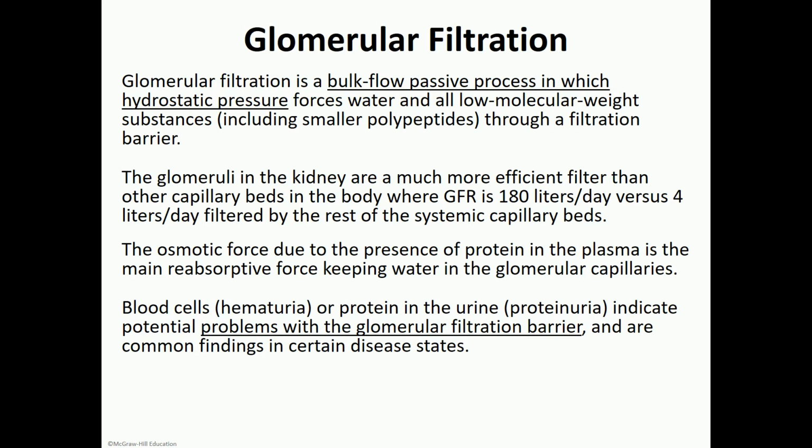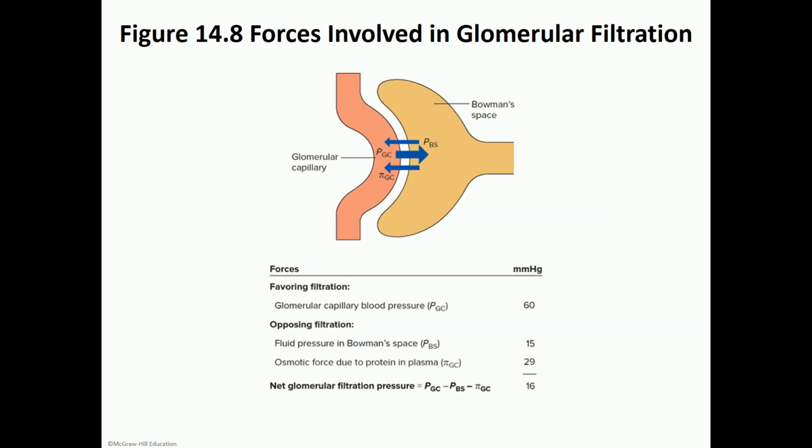The hydrostatic pressure is not the only pressure that plays a role in glomerular filtration. It is definitely the main pressure, but there are two other pressures in play. So here again is the capillary, and this is the Bowman's capsule.